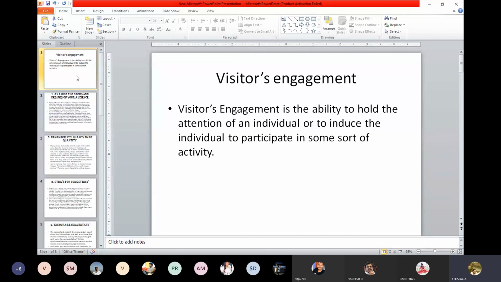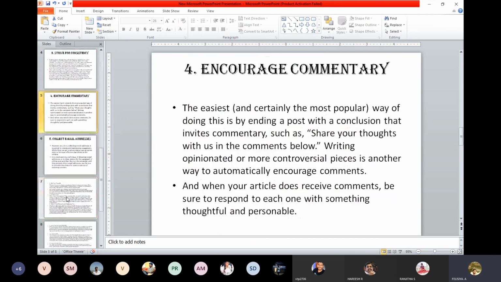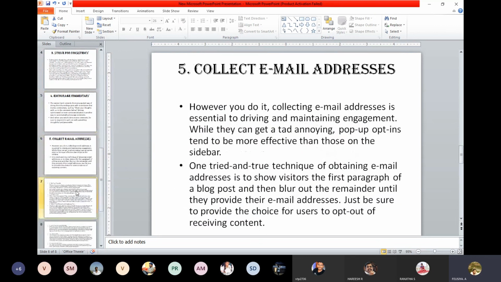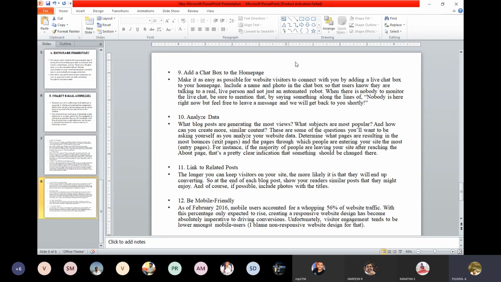That should be the output of visitor engagement. Whenever visitors spend more time on the web page, there is a possibility that they will change from visitors to customers. So all these things are important tactics or components that help your visitors get engaged, and after that the visitors can change into customers.